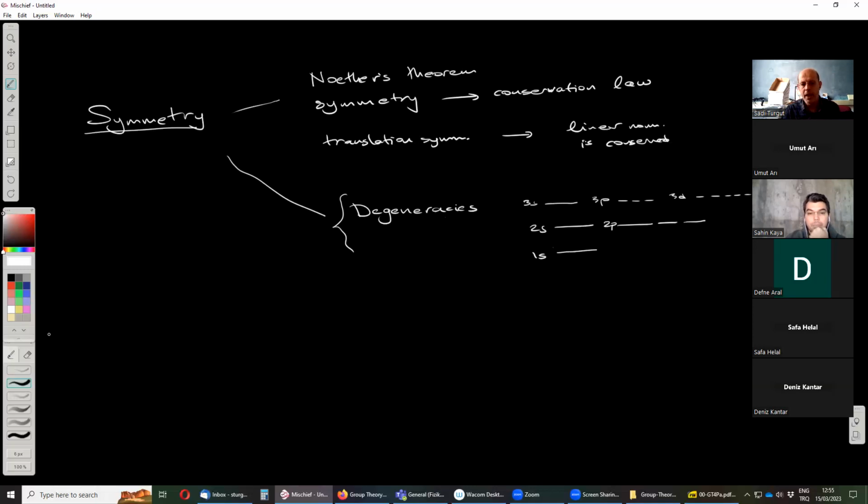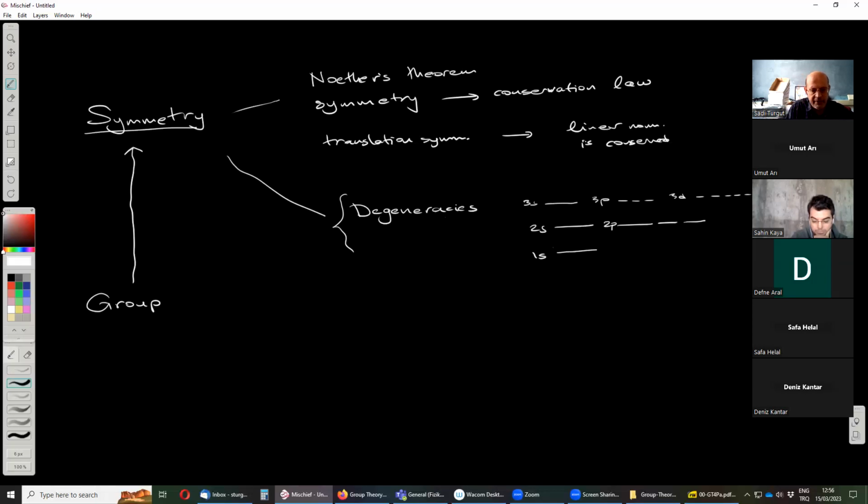Okay. But to do the systematics, we have to express these symmetries by some kind of mathematical structure. And in that case, the group is the necessary mathematical structure. So we are going to consider the symmetry operations as elements of some group, a symmetry group.